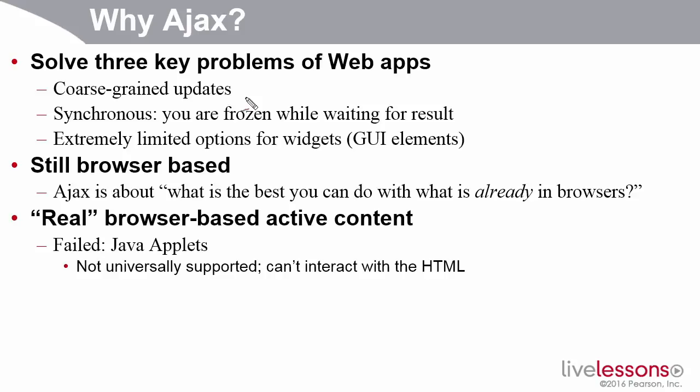So Java applets are just not a good solution. Nobody uses them anymore. And even if Java was installed on the end user's computer, the Java applet is kind of self-contained. It can't interact with the HTML and the rest of the page. So Java applets were kind of a hot idea at the very beginning that got interest in Java rolling, but that's not how Java is applied nowadays, and that's not a good solution for making web pages more interactive in a portable manner.